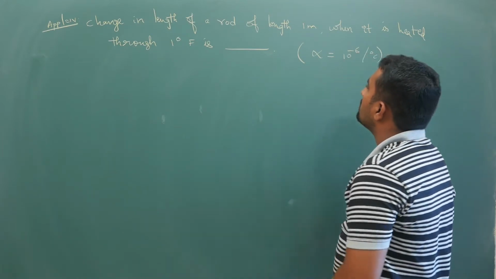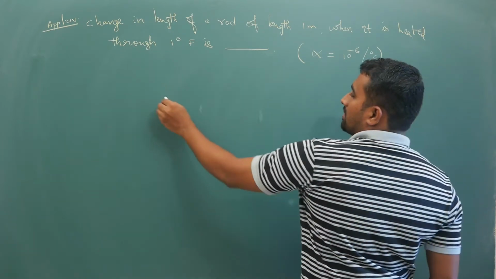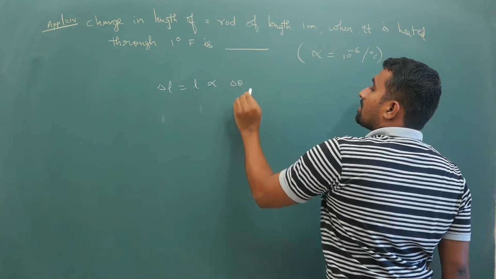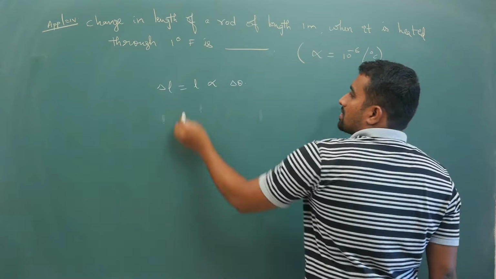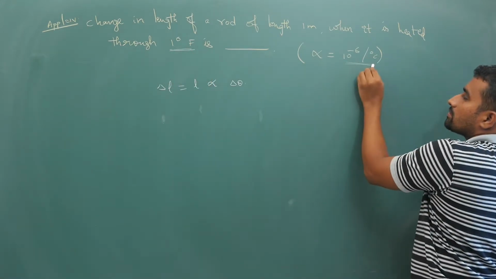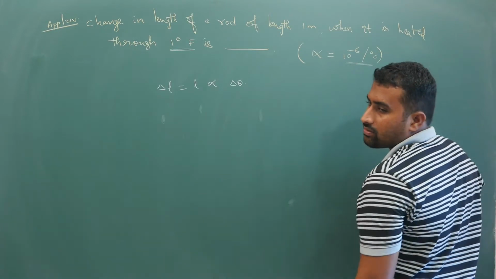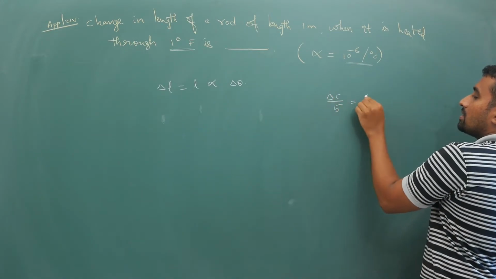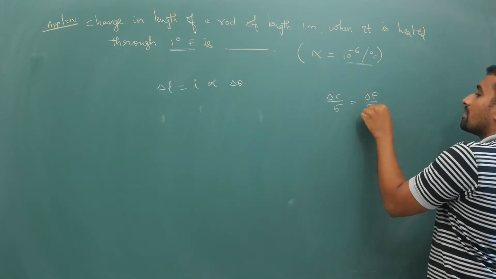So you cannot just simply write delta L is L alpha delta theta, because here this is given in terms of degrees Fahrenheit and your alpha is in terms of degrees centigrade. So for this, what are you supposed to do? Delta C by 5 is equal to delta F by 9.